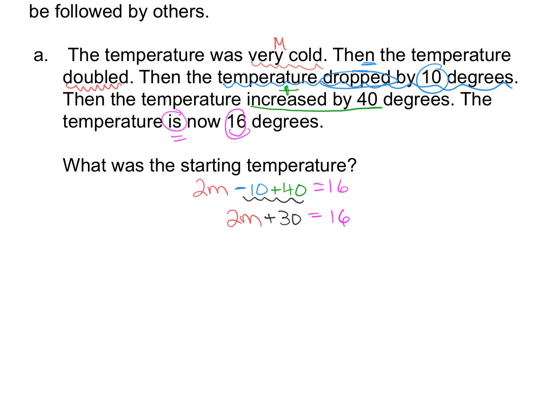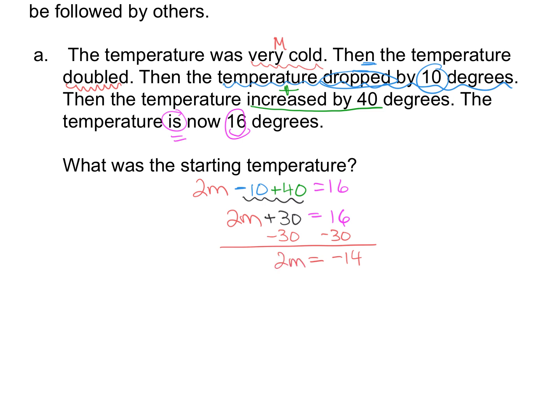I see addition, so that means I'm going to subtract. And then we have 16 minus 30. So let's grab our calculator. Let's do 16 minus 30. Oh, that's negative 14. And I still have 2M.